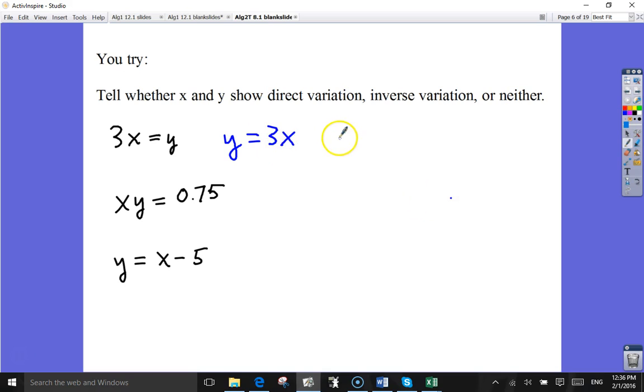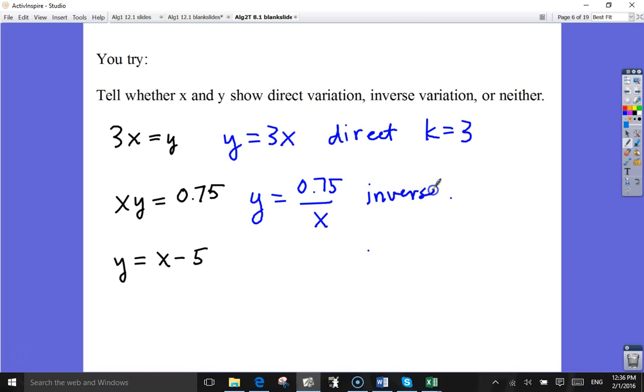So that's direct. k equals 3. How about the next one? That's y is 0.75 divided by x. So that's inverse. k equals 0.75. And last, yep, b does not equal 0. Neither.